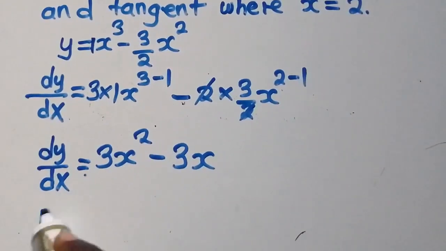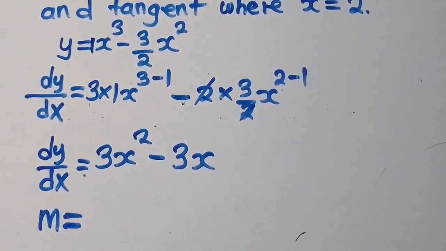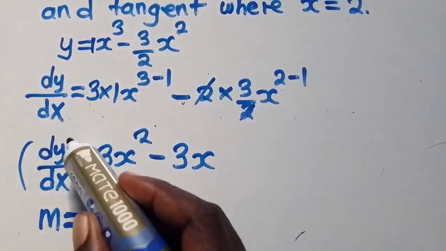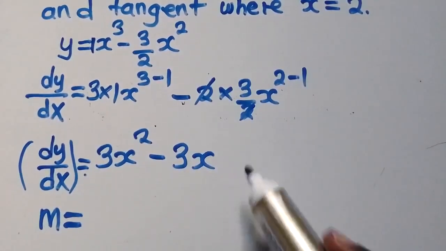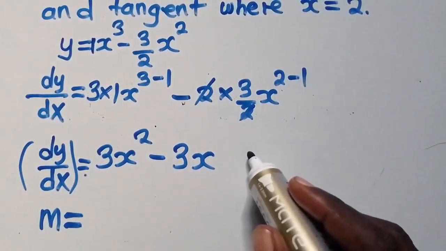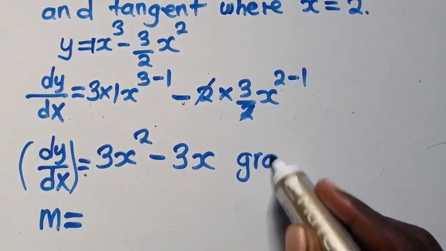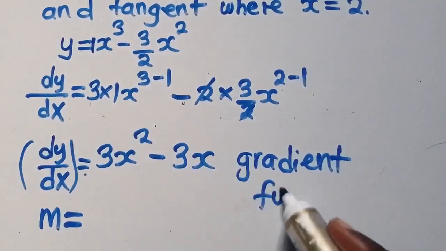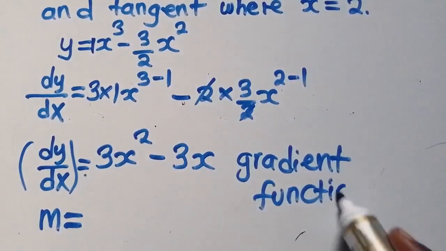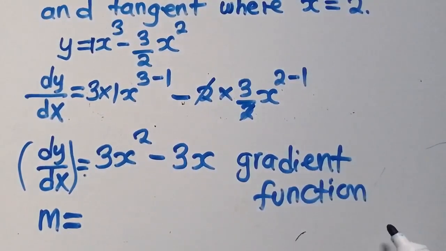Then I say m is equal to, what is the gradient? What is your gradient? This one, dy/dx, is the gradient, you just say m. It is also called the gradient function. This is the other name. We call that the gradient function.